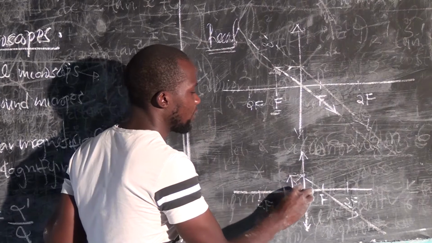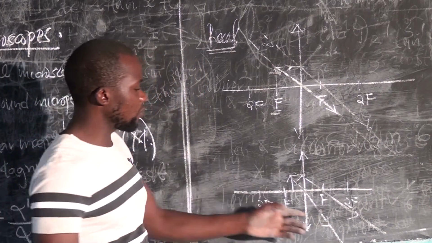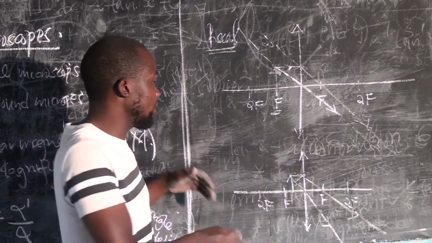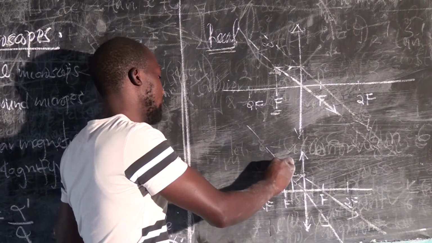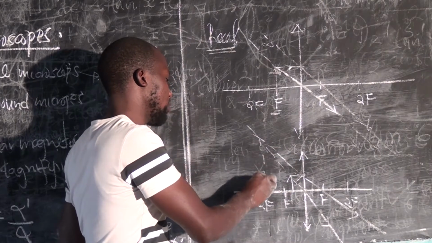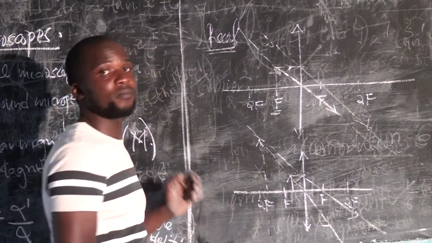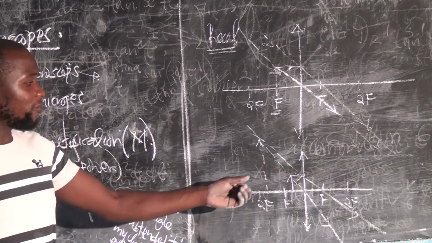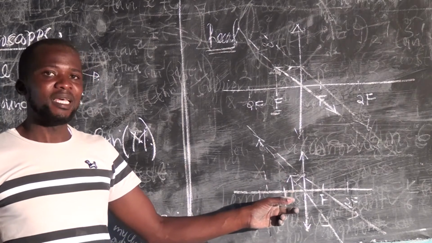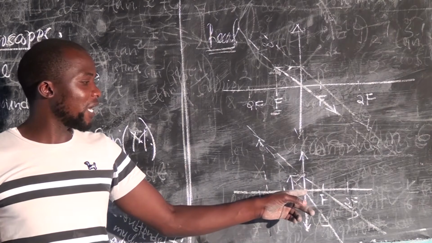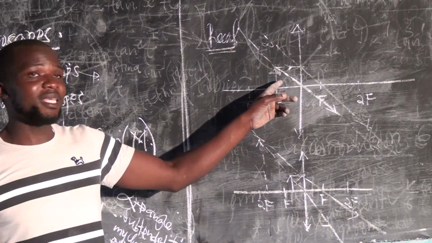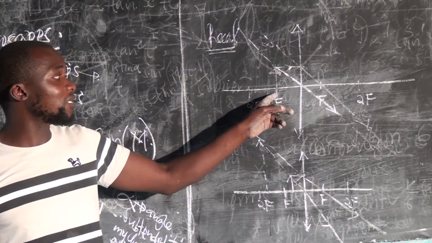Then from here it goes. This time around you see that it's as if it is diverging on the other side. It would mean that when I continue this, they converge, so that I form a particular image here. See? Like that. So I'll be forming my final image at a near point whenever the object is in between F and the pole. But whenever I want it at infinity, then I'll be putting the object at F.